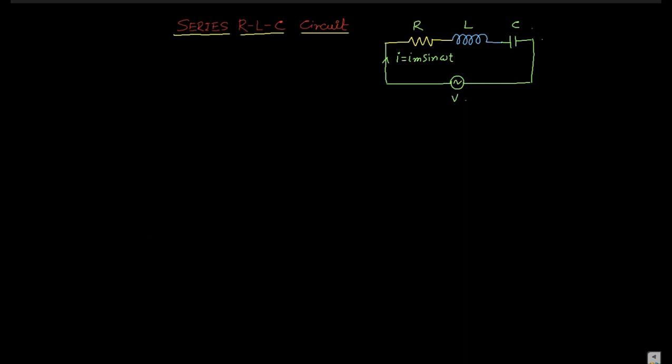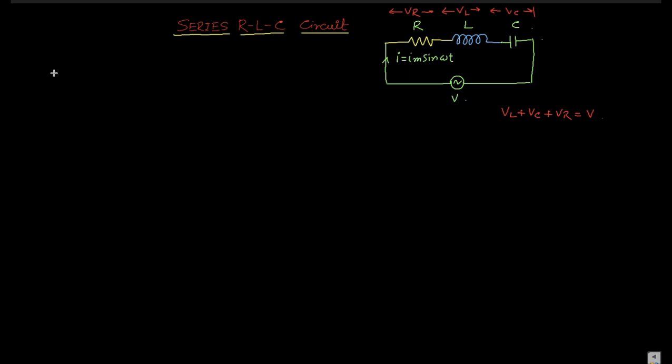So if you consider the voltage drop over here is VR, over here is VL, and over here is VC, then you can write that VL plus VC plus VR is nothing but the total V.